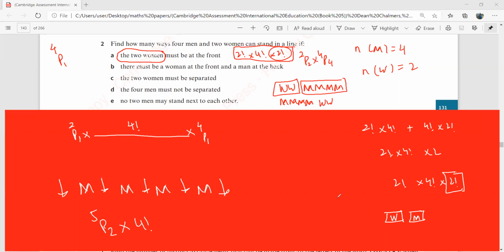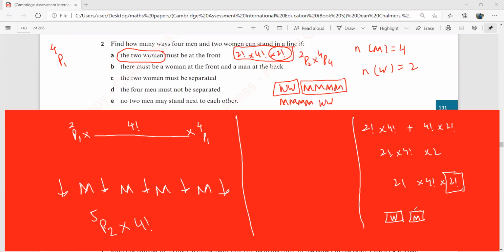Okay, then it says the four men must not be separated. Before this, let me ask you a question. We're making all these 6 people stand in a line, and the condition is that the two women must be together. So how would you do that?